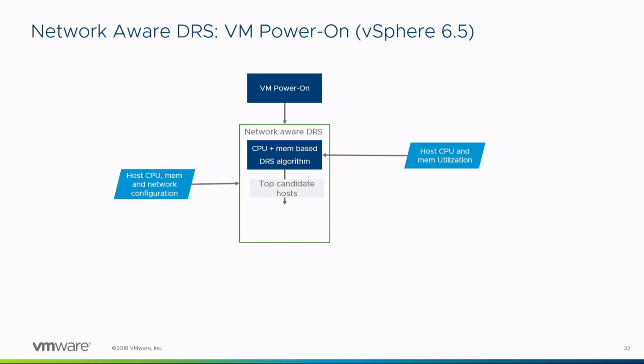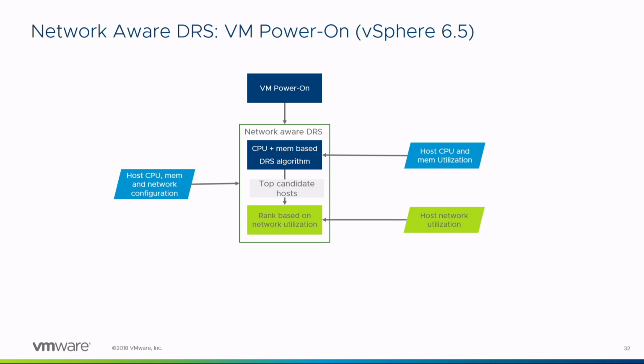But if you look at a decent sized cluster, there will always be more than one host that has a first class rating, or the highest star rating. So we figure out these top candidate hosts and run the network DRS algorithm, which looks at all three metrics. It's a new vector function that we use here.